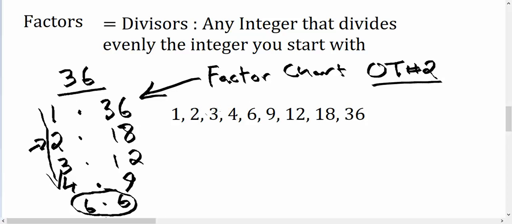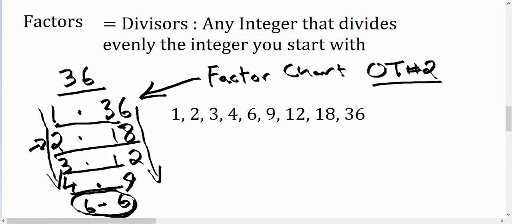the only way that you're going to have an odd number, as we make this chart here, we make 2 columns, right? So each of these factors is going to come in a pair. We have a pair here, a pair here, a pair here, and a pair here. So the only way you can have an odd number of factors is when one of those pairs is actually the same number, right? 6 and 6.